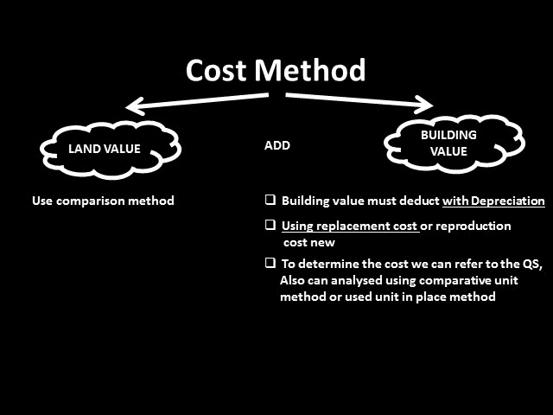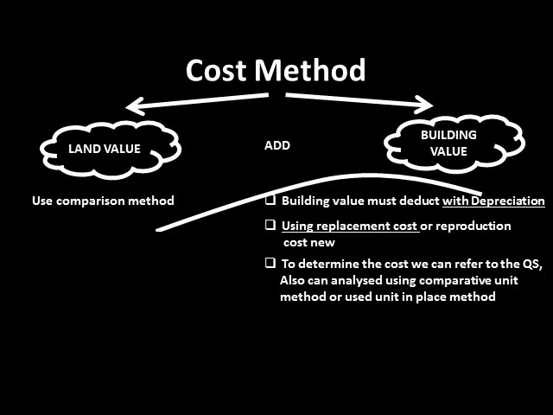For example, the current cost to build a petrol station is 500 per square meter. It means that to value the petrol station building now, you need to calculate using 500 per square meter. It's just like that.